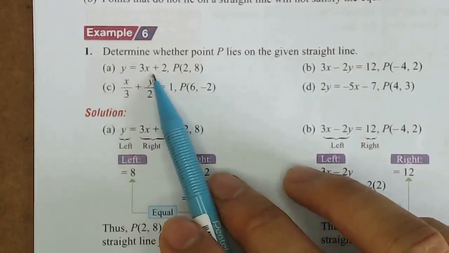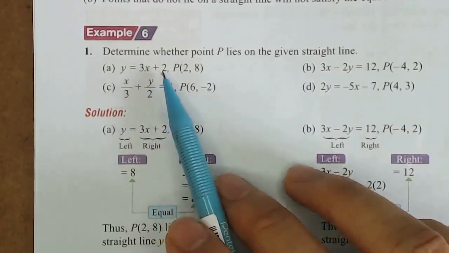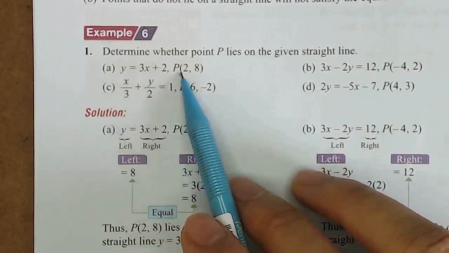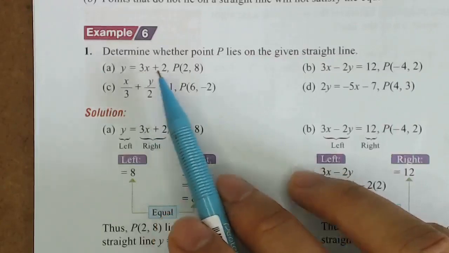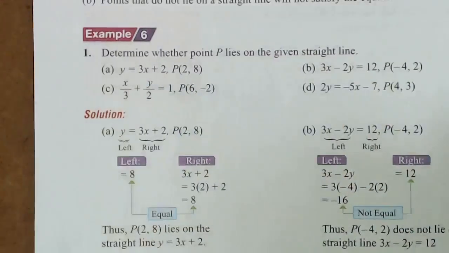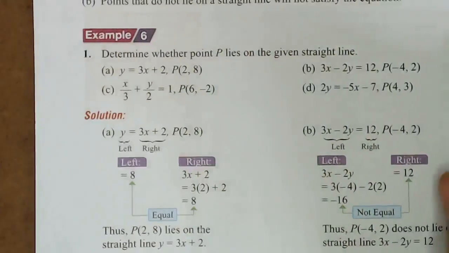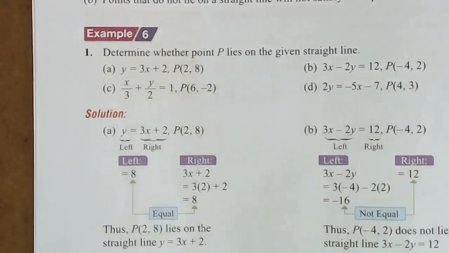We don't see the Cartesian plane. But we know that this P is on this straight line, by doing this. That is the idea, a quick idea to identify which point is on which straight line.